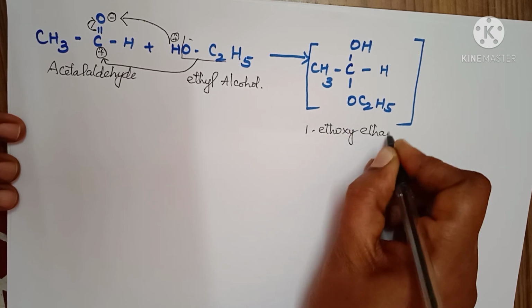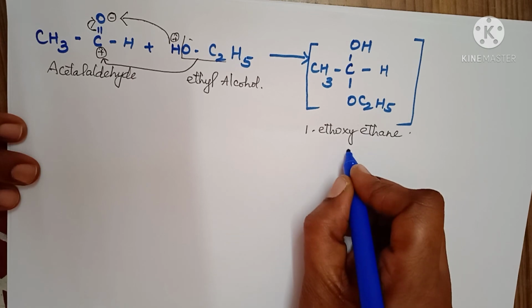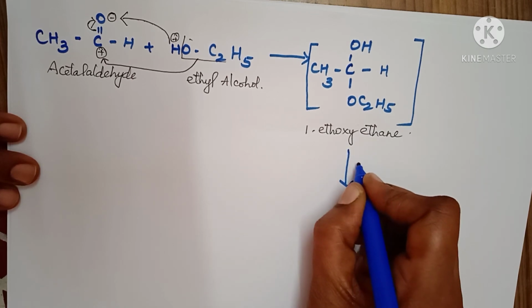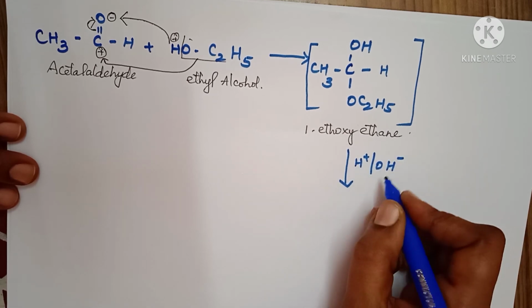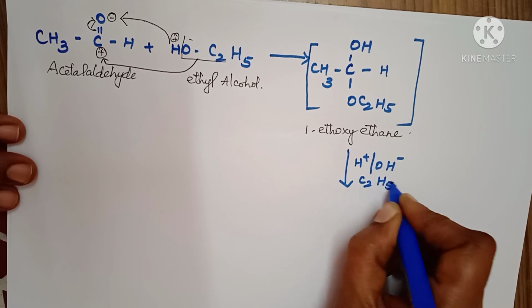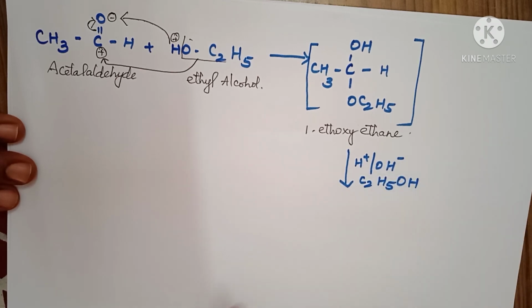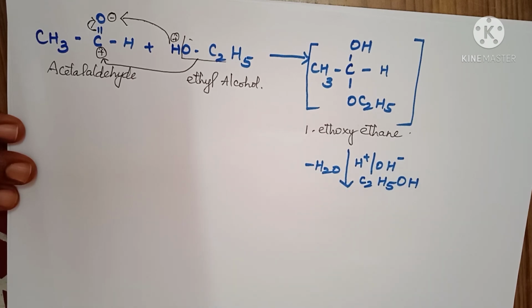1-ethoxyethane. Now again we are going to do hydrolysis, H plus OH minus ion. In that we are going to add again C2H5OH, removal of water. So what we are going to receive, you know very well.